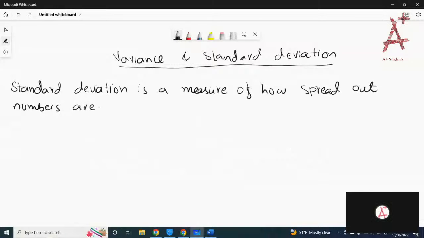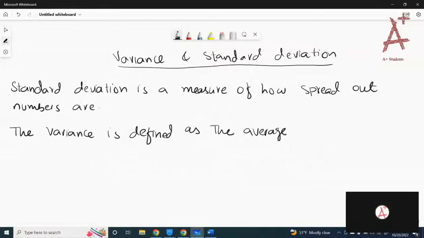Got it? So the variance is defined as the average of the squared differences from the mean.